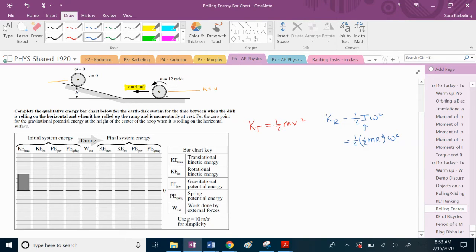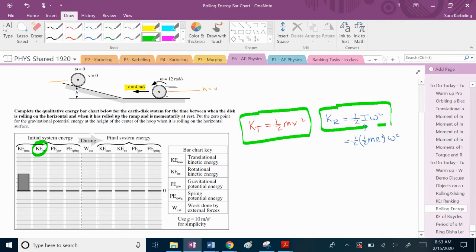I'm trying to figure out a relationship between the translational and the rotational to figure out how big the bar for the rotational should be. I probably should have said this earlier. So I'm going to keep cruising here and see what I can figure out. We don't know the radius, but just like on the last problem, we have a relationship between radius and the translational and rotational velocities.